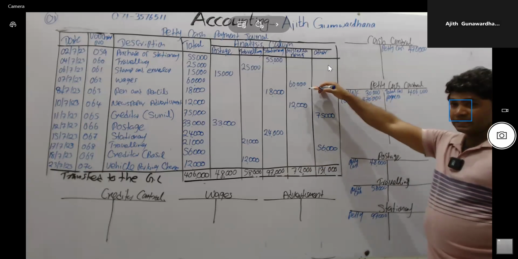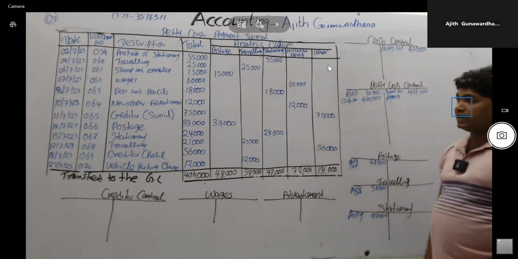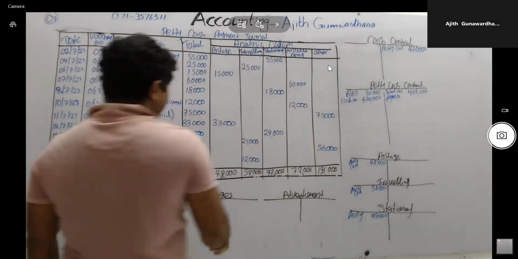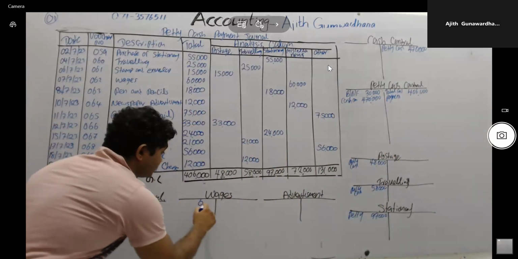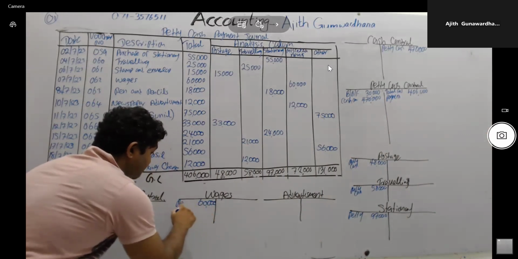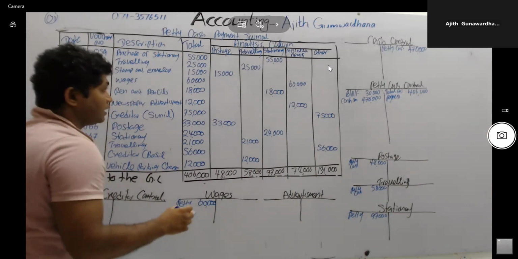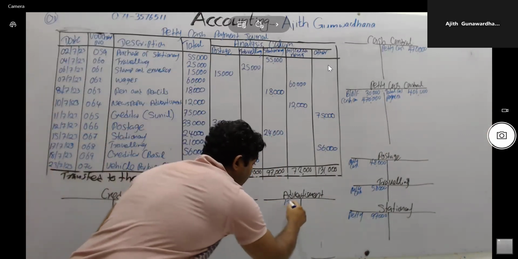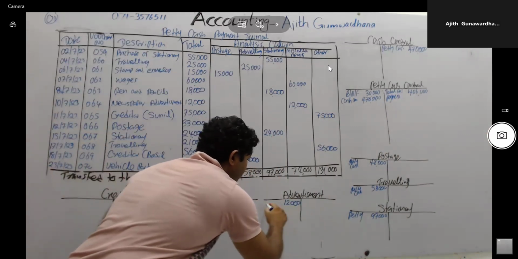But for miscellaneous, you have to prepare separate ledger accounts. Think wages 60,000. Therefore wages account debit 60,000, separate ledger accounts as a petty cash. And advertisement expense also 12,000 debit as a petty cash.